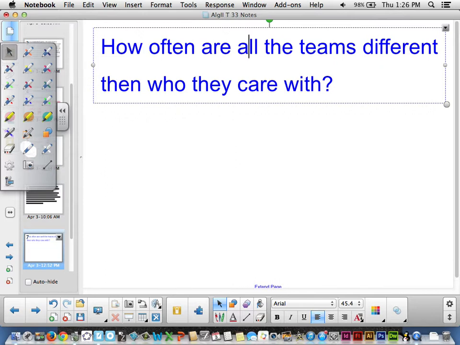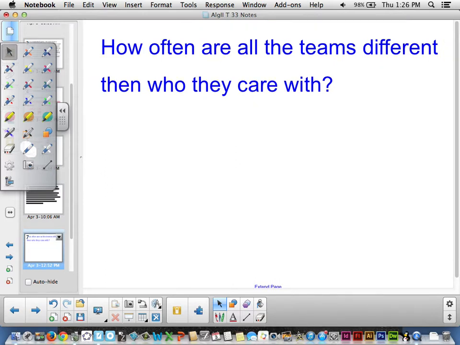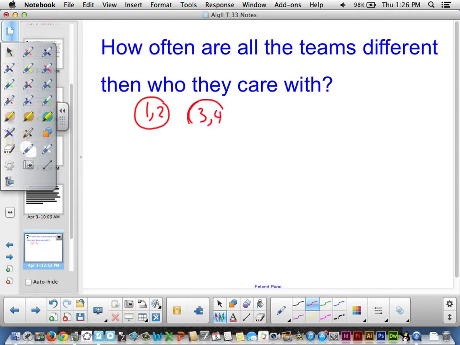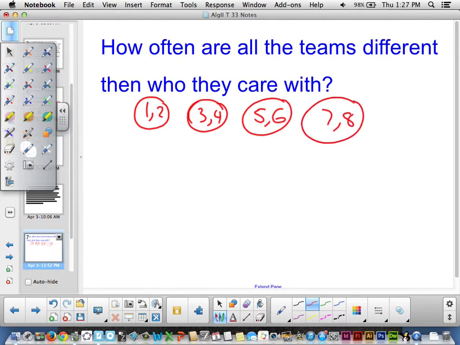And what we want to do here, we want to simulate 8 numbers, and we want to simulate them in pairs. So we want to simulate them so that 1 and 2 came together, 3 and 4 came together, 5 and 6 came together, 7 and 8 came together. So we want to see who the teams are. We would like to generate this one without repeats.